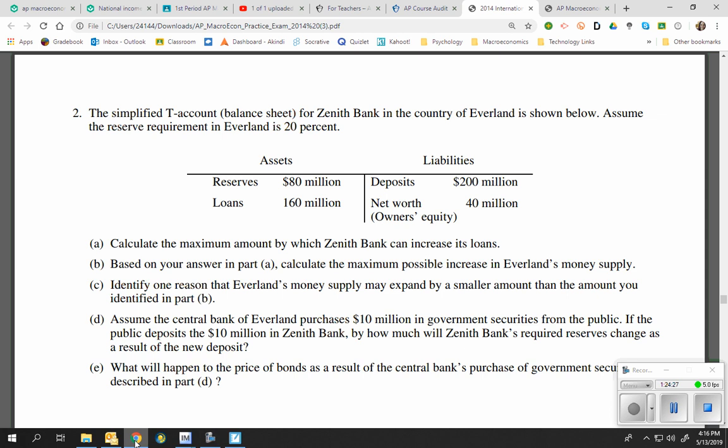The description of D, the scenario of D, not the answer to D. What is open? Client liabilities. The asset side is 40 million more than the liability side.